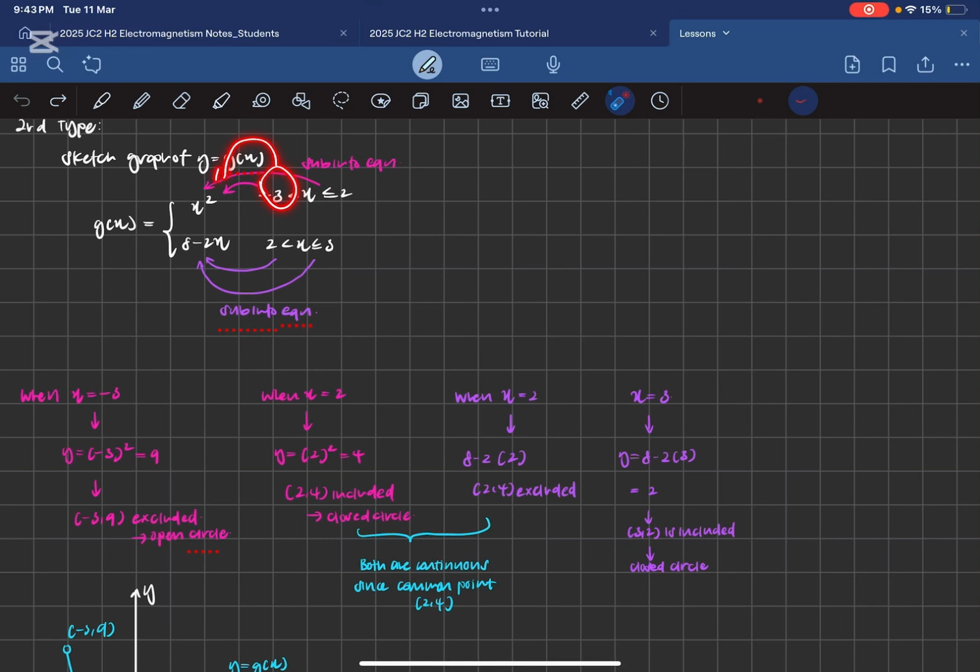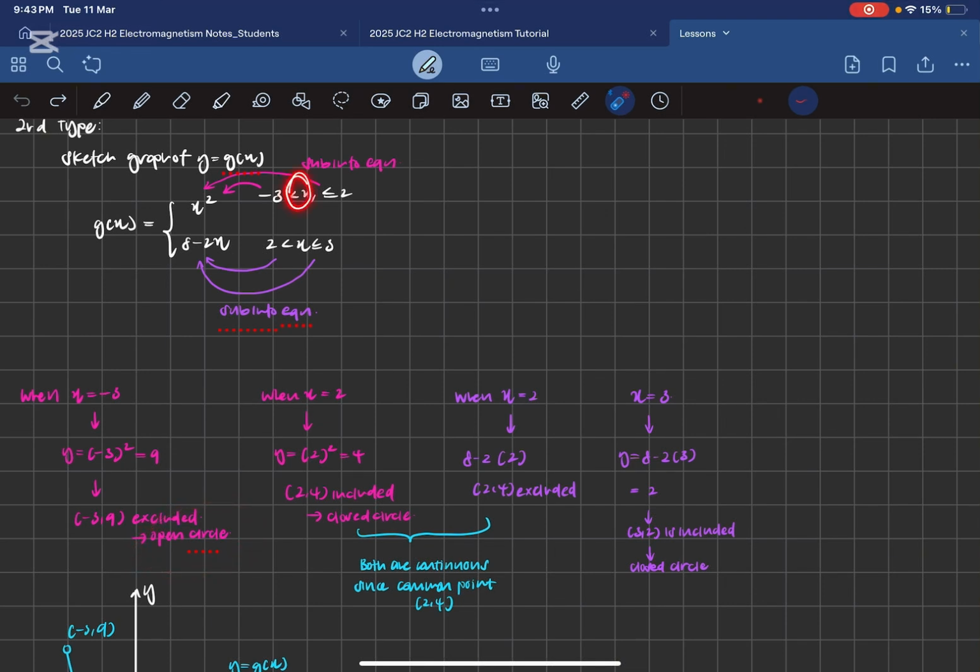So if you want to work backwards, you need to make sure that the graph has both the component of x and also negative x, because you never know what the number actually is. And this one is also going to be a continuous number, which is why one of them is included and one of them is not included.